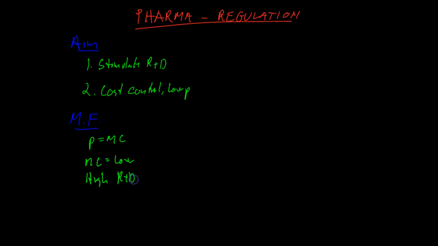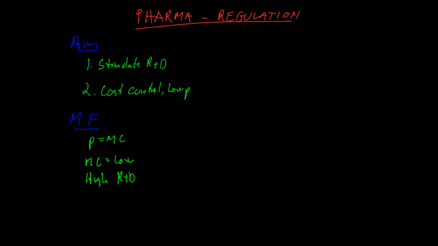People discuss these numbers, it's a very controversial field, but some people say it costs as much as $1 billion to invent a new chemical entity, because they have to try out different entities and go through different trials and things like that. So you have a high R&D cost, but a low marginal cost.